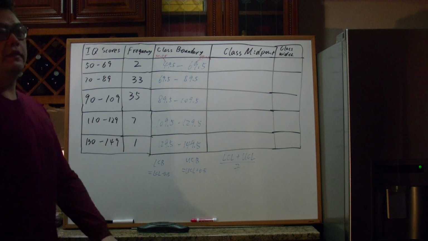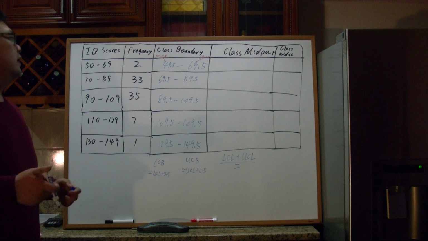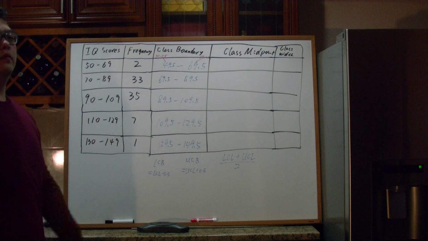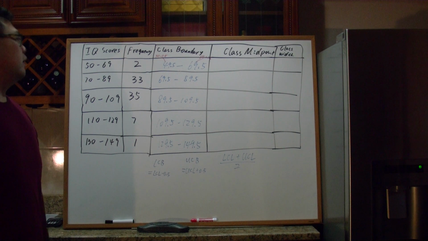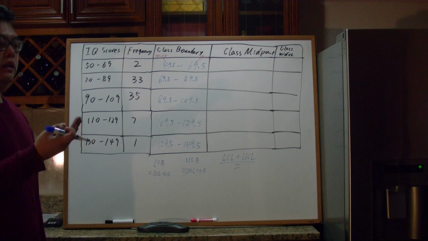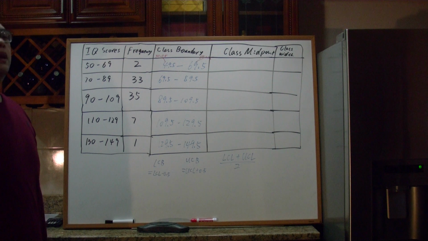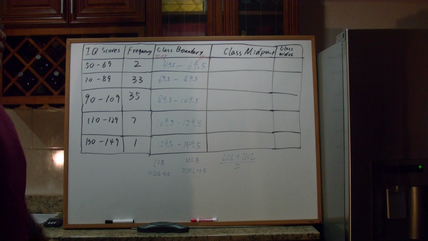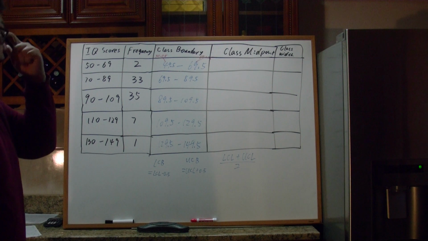Of course, this only applies when the gap between two classes is 1, and for our course here, we will only see a gap of 1. Maybe in some other courses, we'll see a gap between two classes that is not 1, and then it will be done a little differently.